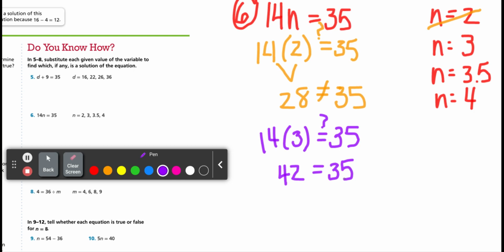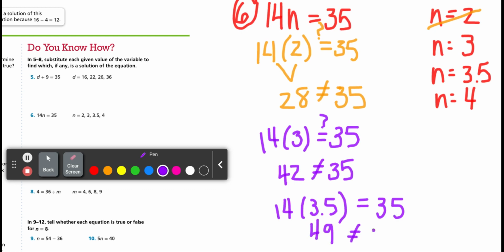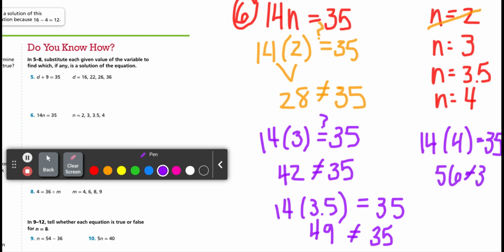So nope. 14 times 3.5, does that equal 35? I can already say nope, because when I did times 3 it was too big, so we get 49. That does not equal 35. And then 14 times 4. Does that equal 35? It's 56. So nope, does not equal 35.